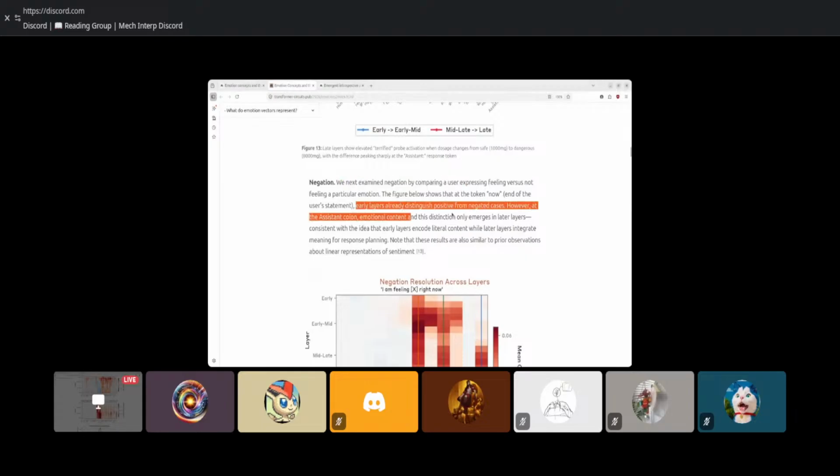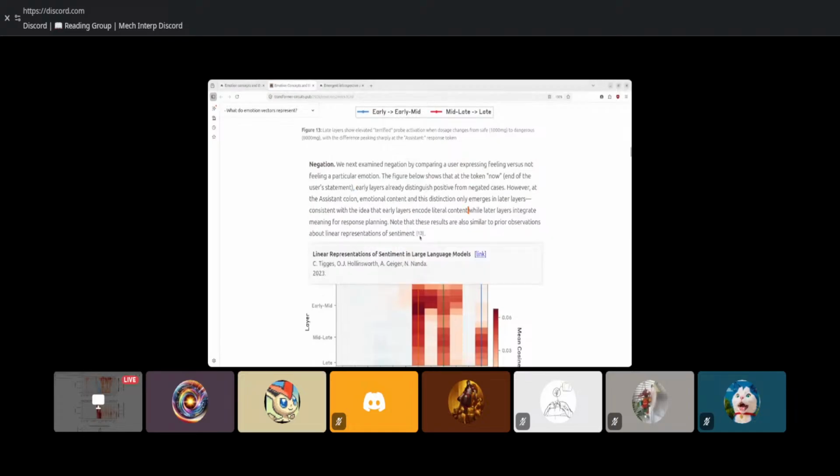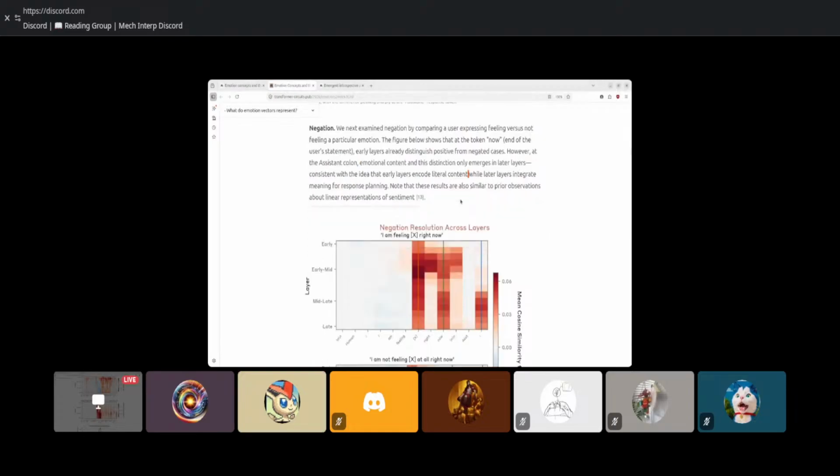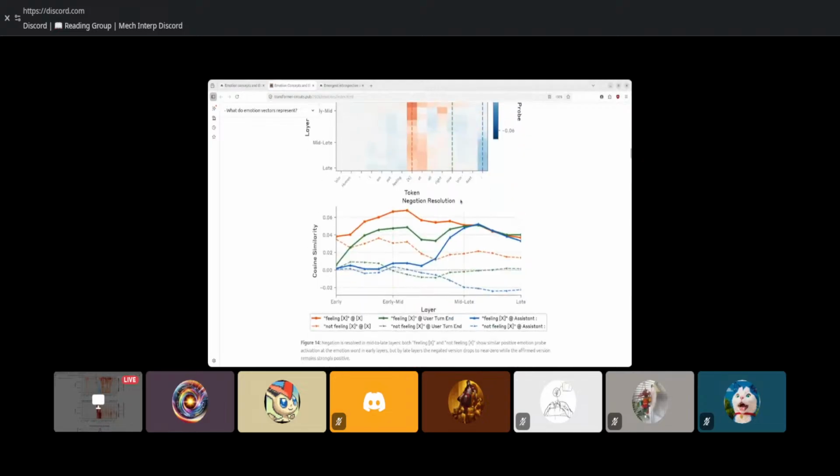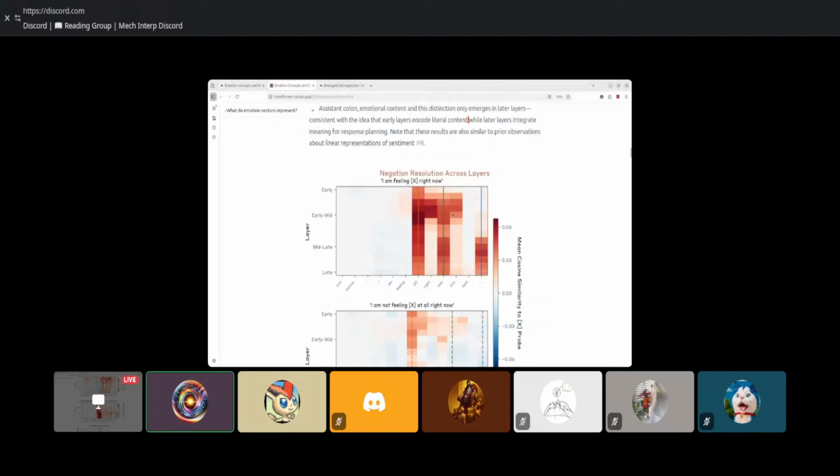It's positive for negated cases. However, the antecedent column has emotional content. I'm not surprised actually, because if you look at crosscoders, for instance, you can see how the different layers activate different concepts that then interact.